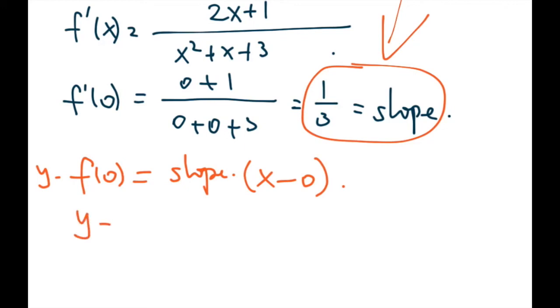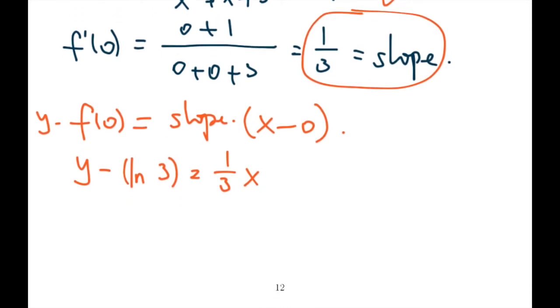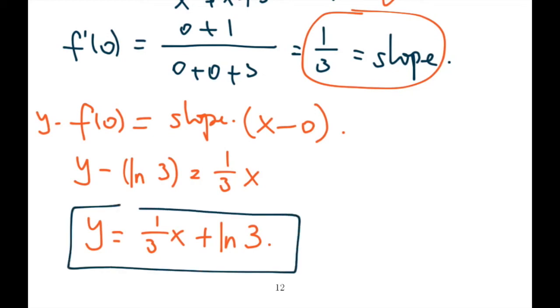And f of 0, as we found earlier, is natural log of 3, and our slope is 1/3 times x minus 0, which is just x. So our final result will be y equals 1/3 times x plus natural log of 3. So this will be our final result for the tangent line. Okay, so this is this problem.